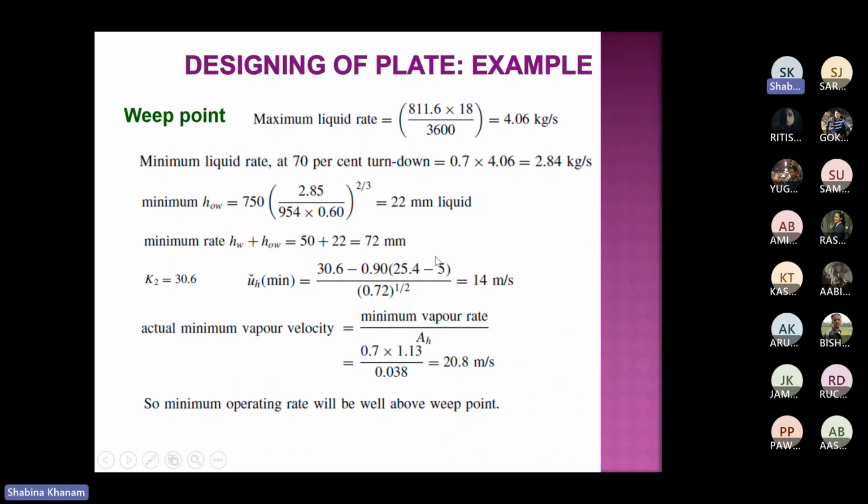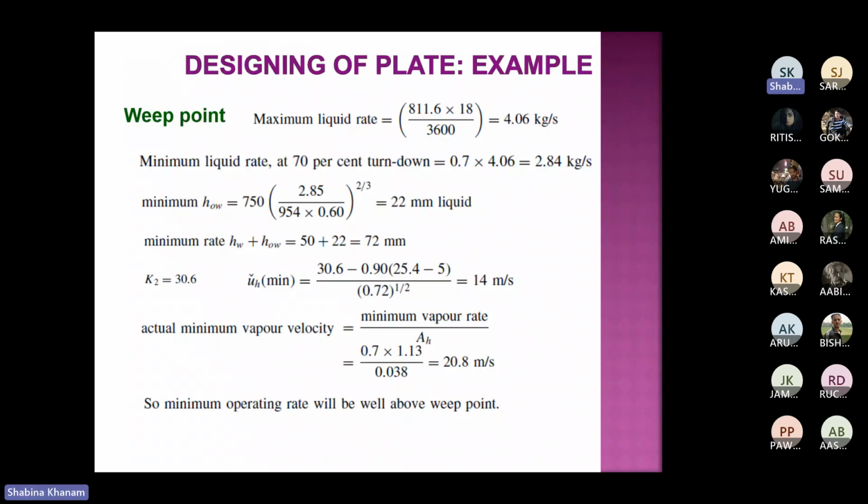If at 2.5 also the condition is not satisfied, then you should vary this AH. Otherwise not. So just try to consider those parameters which affect the previous design minimum.